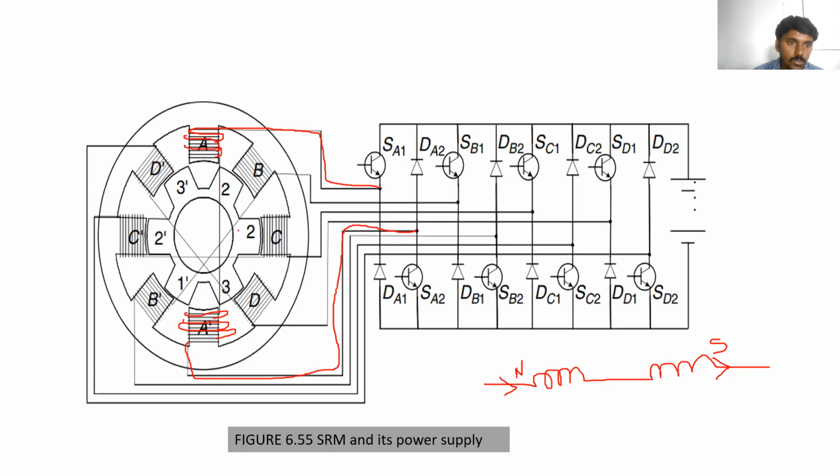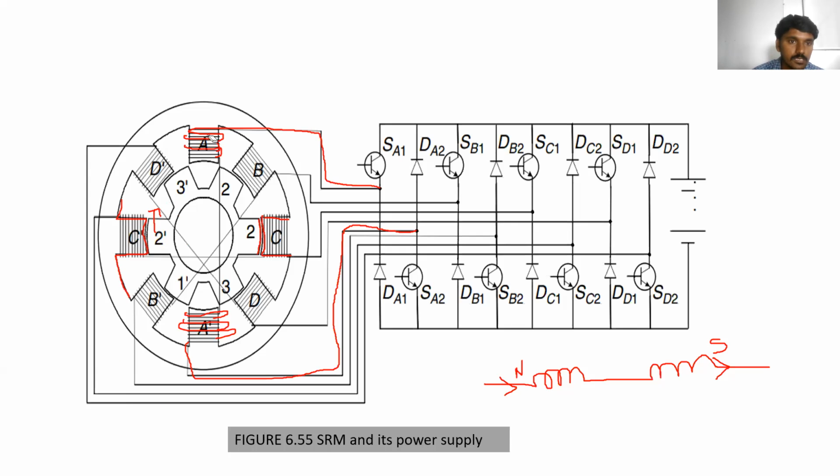But what is the rotor position here? The rotor position is such that the second pole is exactly at the C stator pole. Clear? So now if you want to rotate the rotor in this direction, in clockwise direction, what do we have to do?